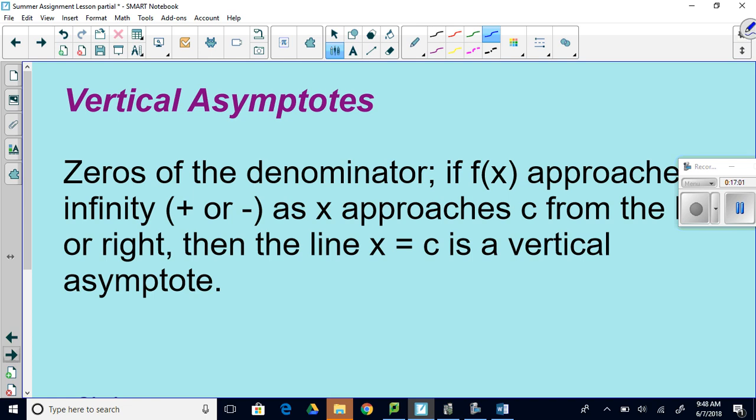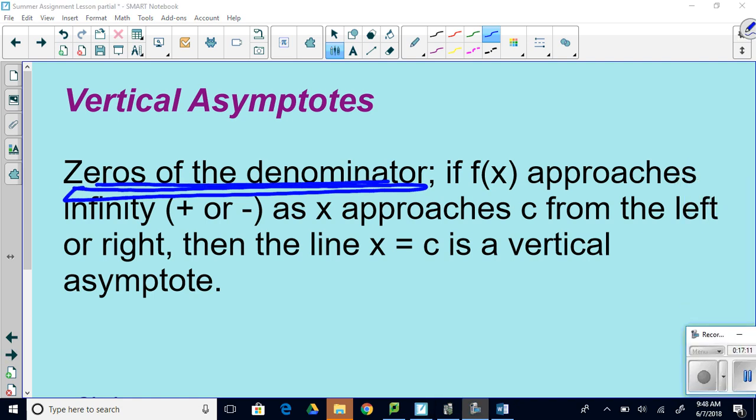All right, so vertical asymptotes are the zeros of the denominator. And in pre-calculus and in Algebra 2, that's how we always define vertical asymptotes. But in this class, we also want to note that if f of x approaches infinity as x approaches c from the left or right, then the line x equals c is a vertical asymptote.